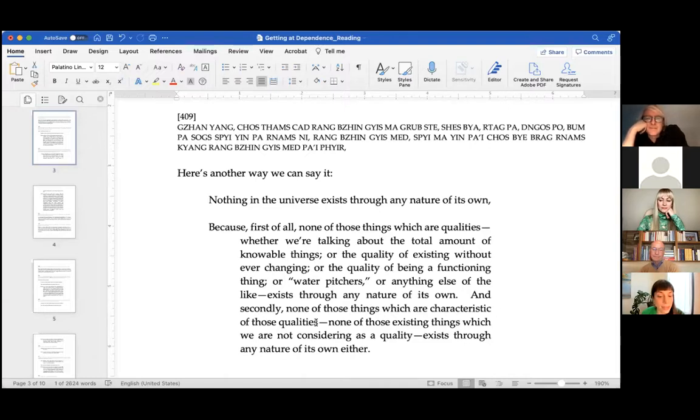And secondly, none of those things which are characteristic of those qualities, none of those existing things which we are not considering as a quality, exist through any nature of its own either.